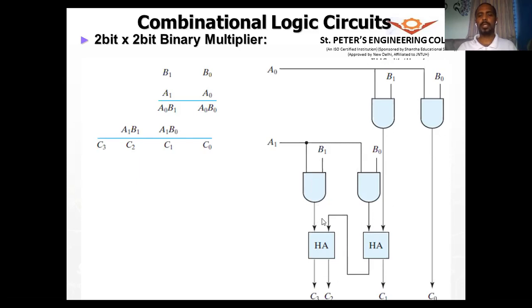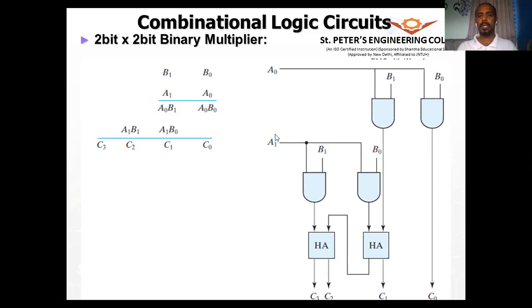I'm just using only 1 input and a previous carry. So therefore, a half adder is enough for me. So this will result in 2 outputs, that is a sum and a carry. So the sum is nothing but the product bit C2, and C3 is the overall carry, the final carry, right?